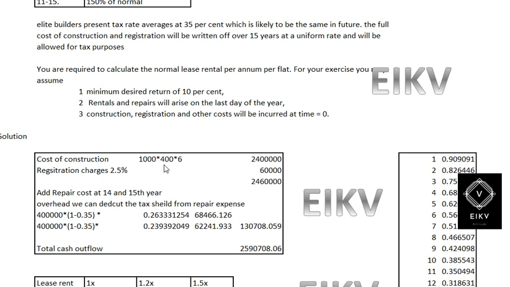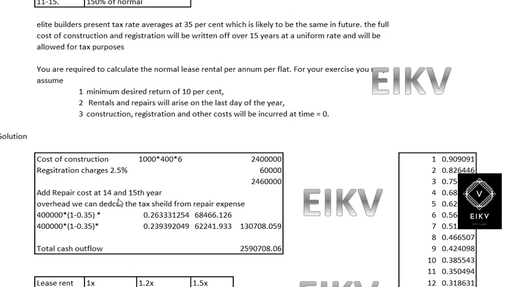It is 1000 square feet, and the rate is 400 per square foot, into 6 flats. Therefore 1000 into 400 into 6 gives you 24 lakhs. The registration charge is 2.5% of 24 lakhs, which gives 60,000. Therefore the total cost will be 24 lakhs 60,000.